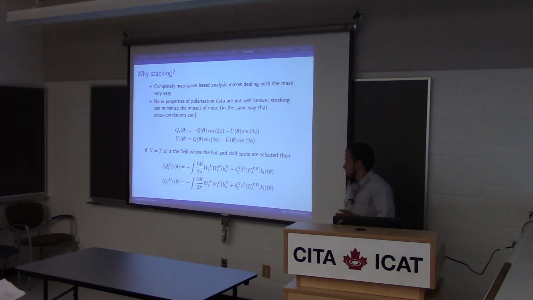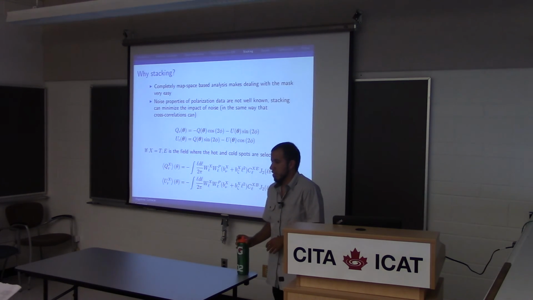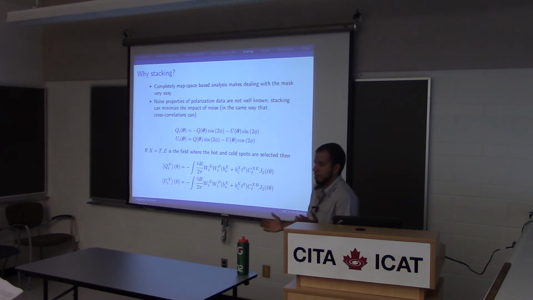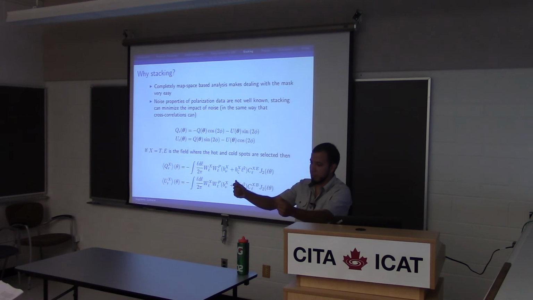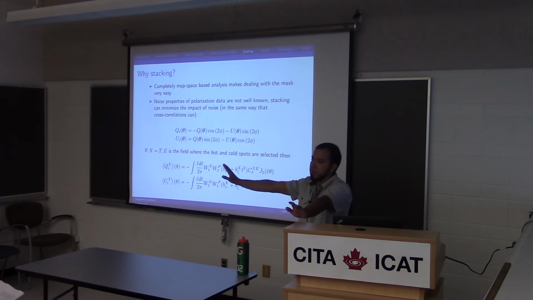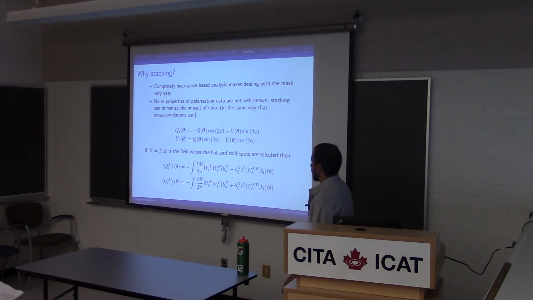Why would I do stacking? The main reason is that it's very easy. It's a completely map space-based approach, so dealing with the mask is trivial. If there's a region where there's a mask, I just don't include that point in the statistics.